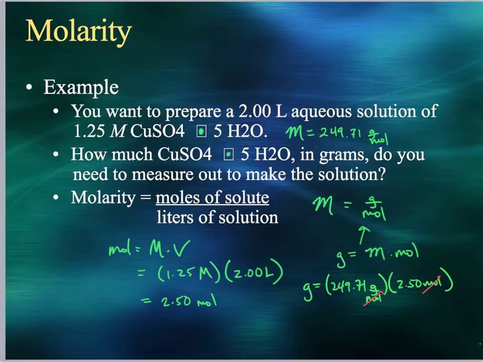I'm left with grams, which is what I want. So 249.71 times 2.5, and to three significant figures here, we're going to get the number of grams is 624 grams of CuSO4·5H2O. So there's an example problem for you.